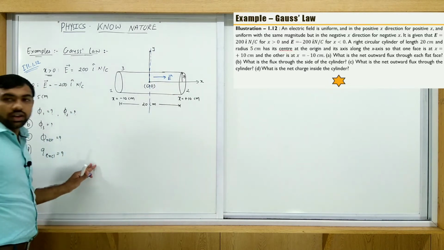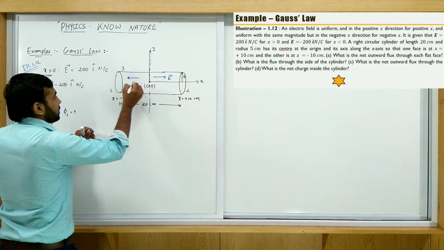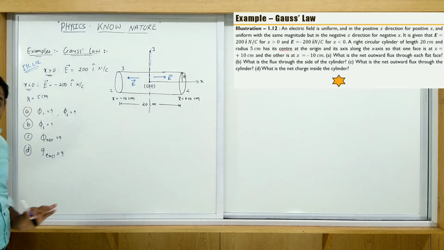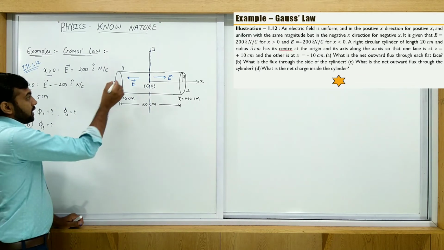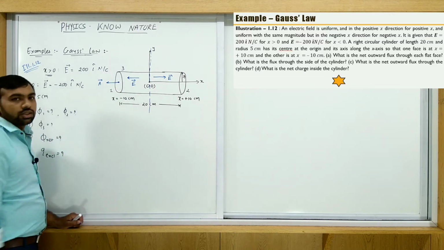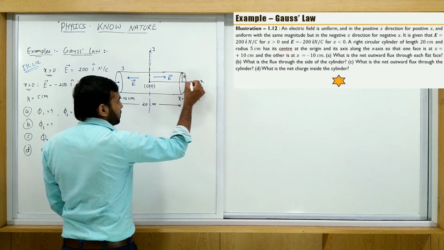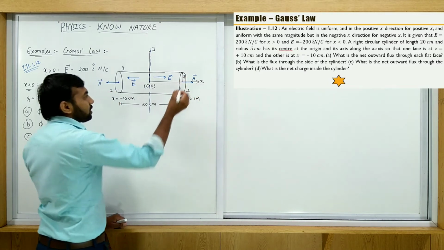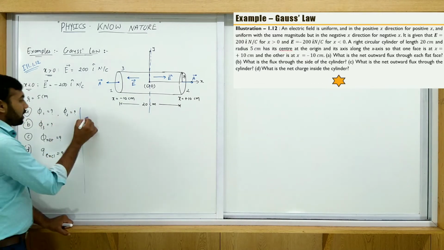If you consider the negative side, then the electric field is along this direction. Now if you consider this one, then the area vector for this surface is along this direction. If you consider this one, then the area vector is along this direction.